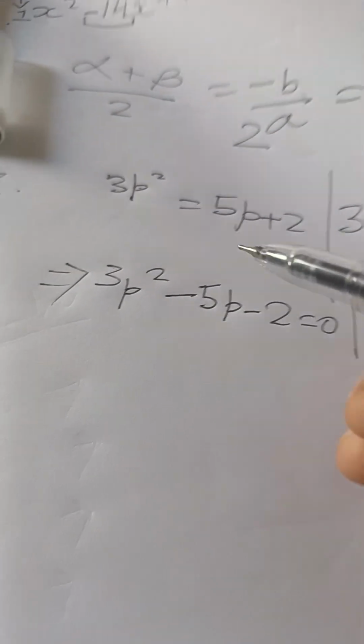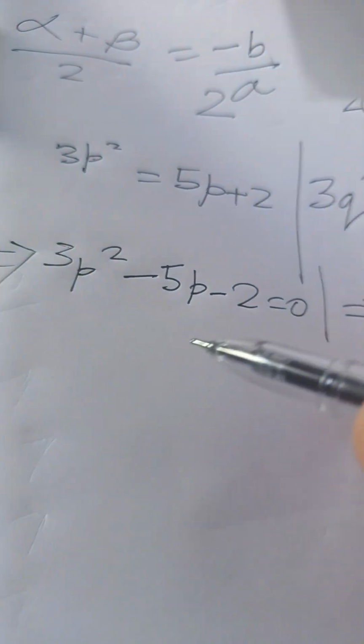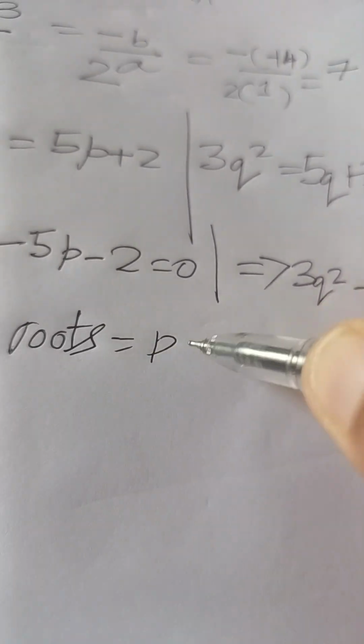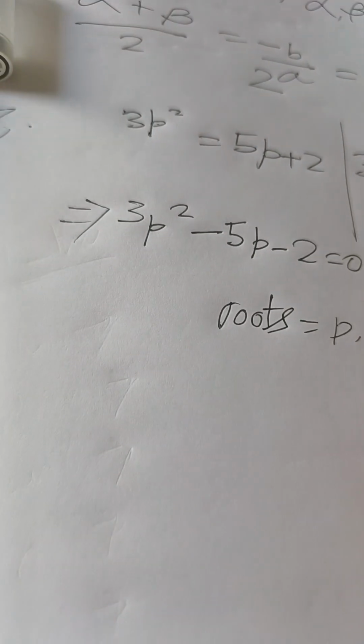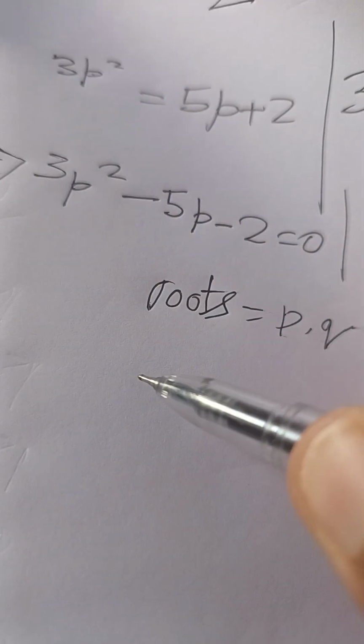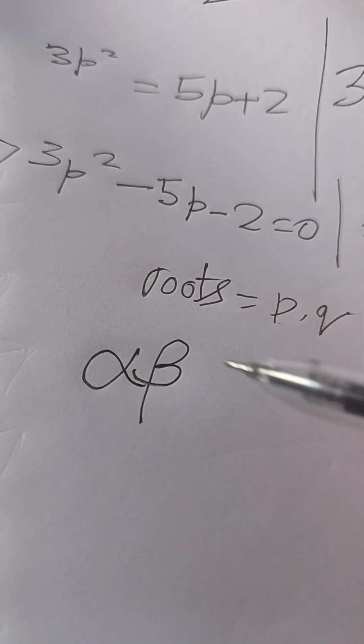So as you can see, this is literally the same equation, where the roots are just p and q, and we need to find pq, right? So we know one root is alpha and another root is beta.